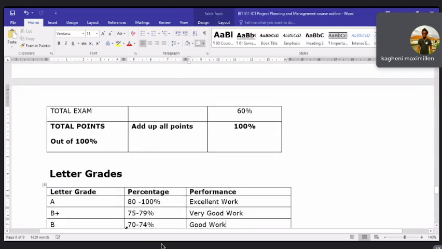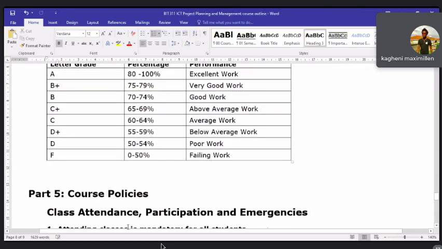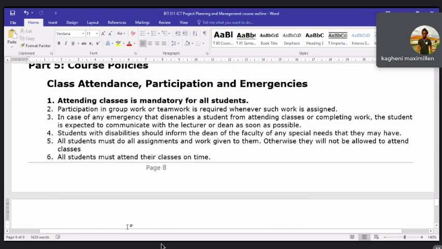And the grading system, you know, it's not new. Attendance. Attending classes is mandatory for all students. Participation in group work or teamwork is required whenever such work is assigned.